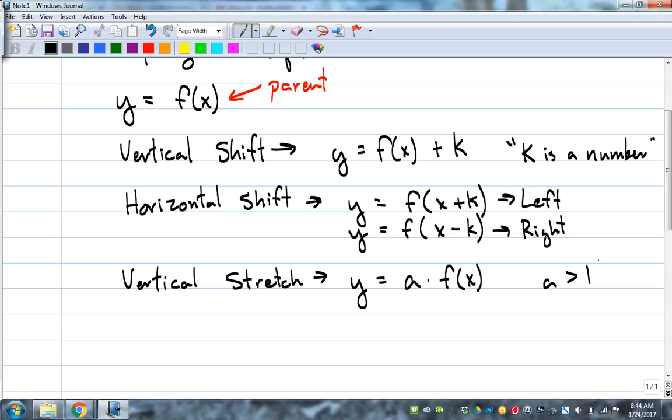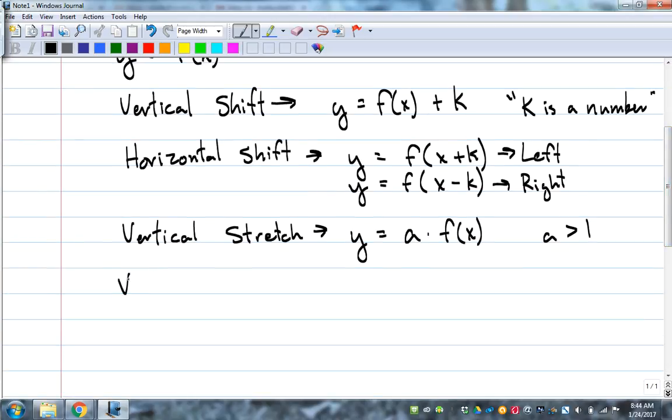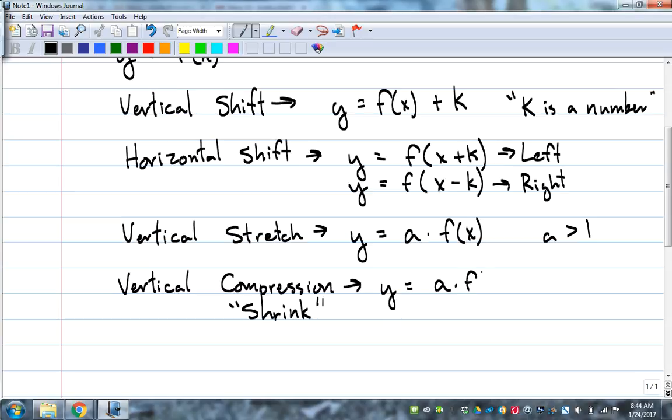Okay, a vertical compression. Or you might hear me say shrink. Vertical compression, compress something, you push it down, right? Or shrink it, you're going to make it shorter. Vertically, it looks the same. The only difference is that number in front is a small fraction between 0 and 1.